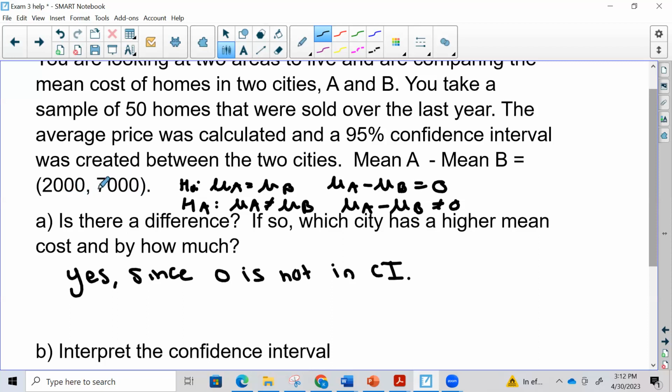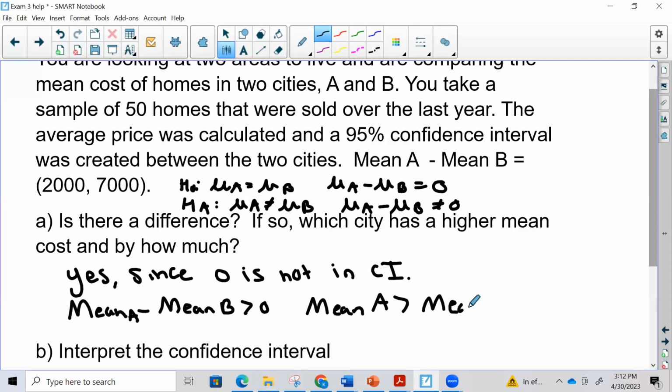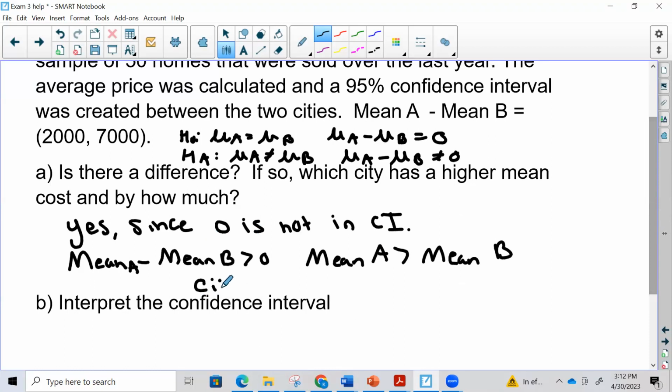Because this difference is positive, we would know that mean A minus mean B has to be greater than 0, which means the average for town A is greater than the average of town B. So which city has a higher mean? It would be city A, by the difference, so by $2,000 to $7,000.